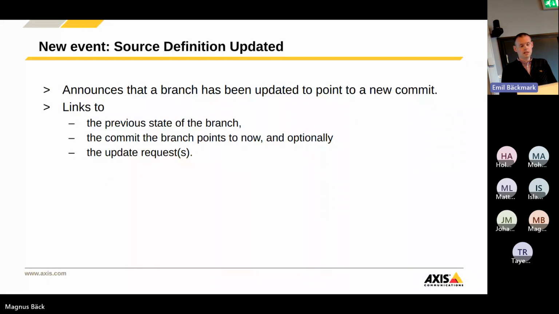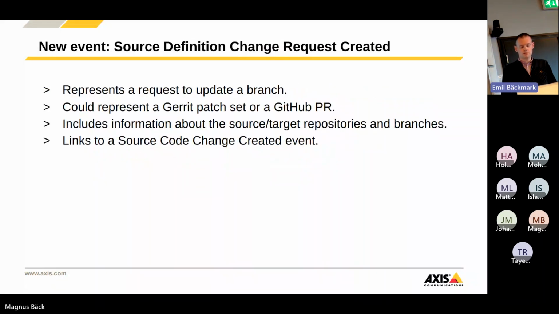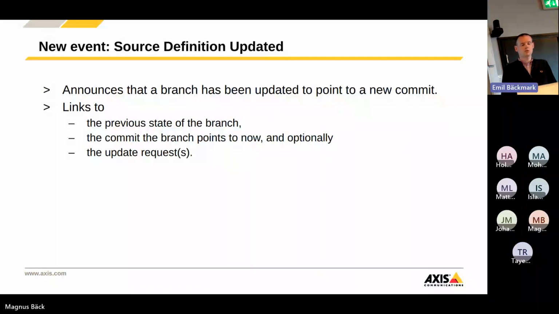It would link to the new commit, what the branch should point to now. And finally, if there are any update requests, in other words, these events that represent the request to change, it links to them as well. So if you get this, you would immediately know the old state of the branch, the new state of the branch, and what's the pull request that introduced this.